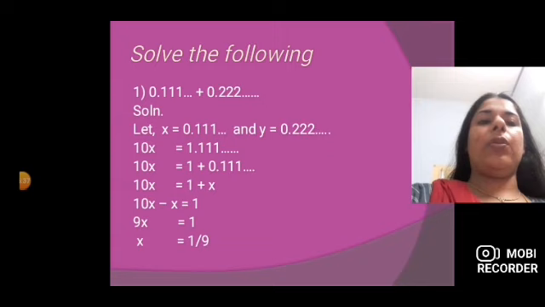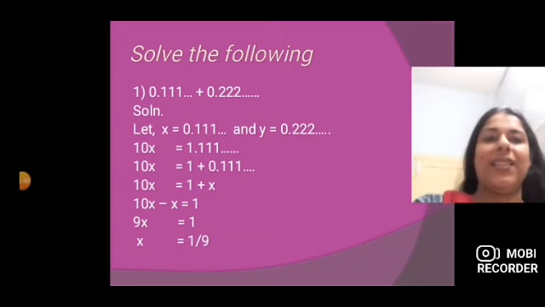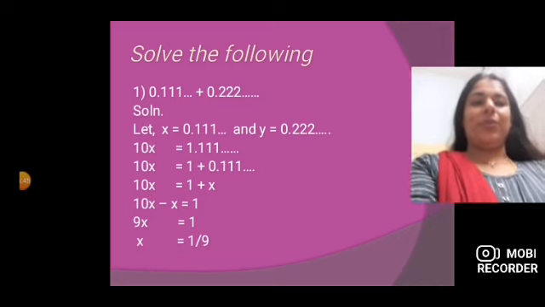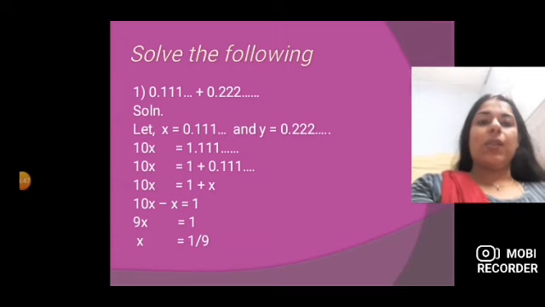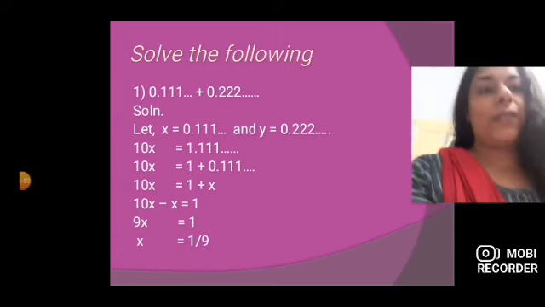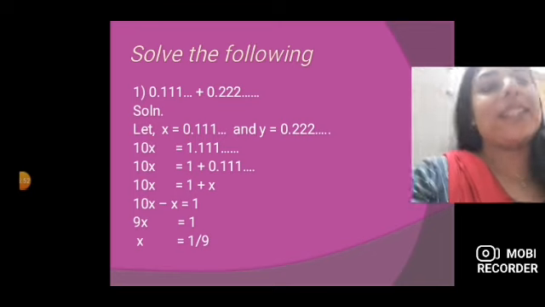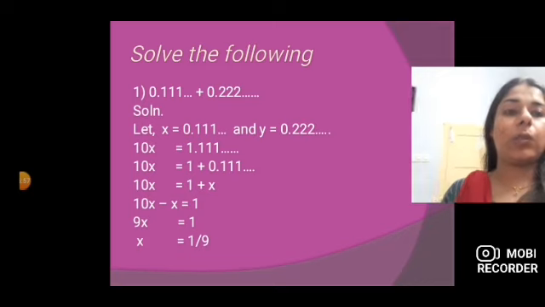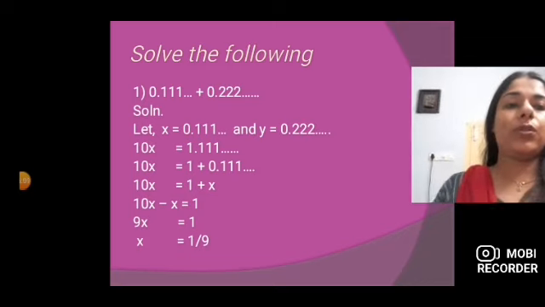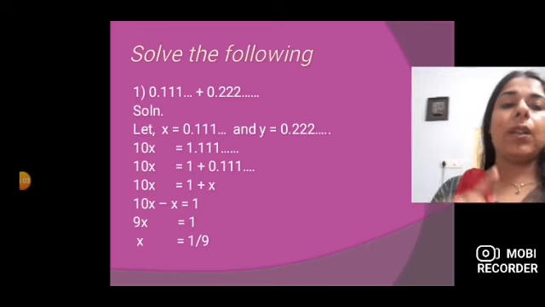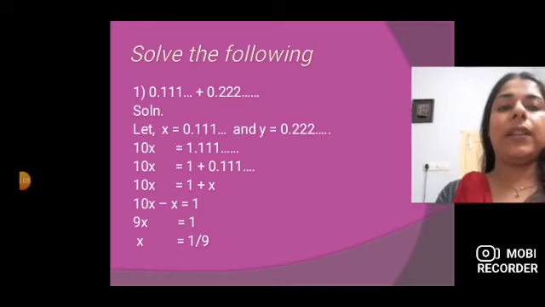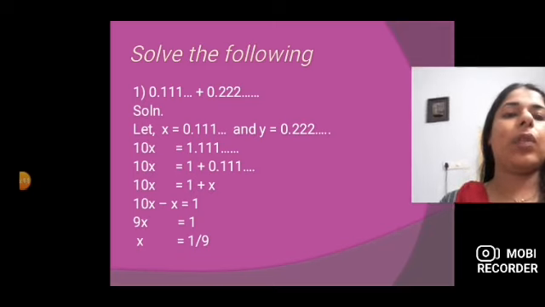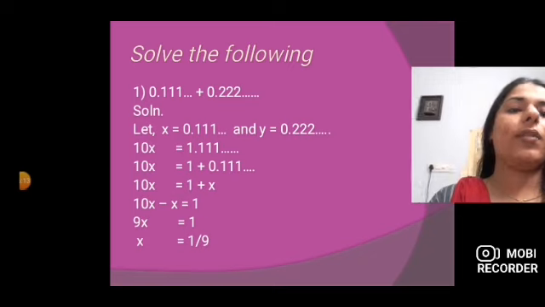0.111 plus 0.222. How will we do this problem? Let x equal to 0.111 and y equal to 0.222. First take the first portion, 0.111, and then take 0.222 and convert into fraction form. 10x equal to 1.111, 10x equal to 1 plus x, therefore 9x equal to 1, x equal to 1 by 9.